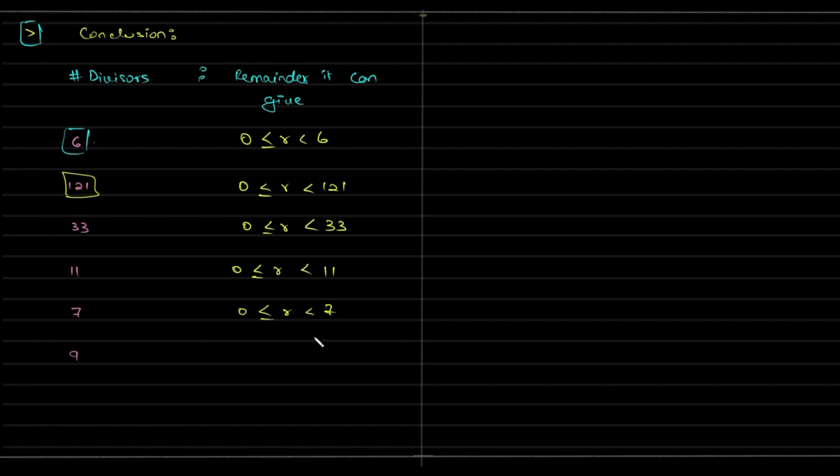Right? It's never equal to the divisor. Remember that. Remainder is greater than or equal to 0 but lesser than 9. Right? So indirectly we are telling the remainder can be 0, 1, 2 till 8. Is it not? Make sense, right? When we are dividing with 9, that's your remainder.